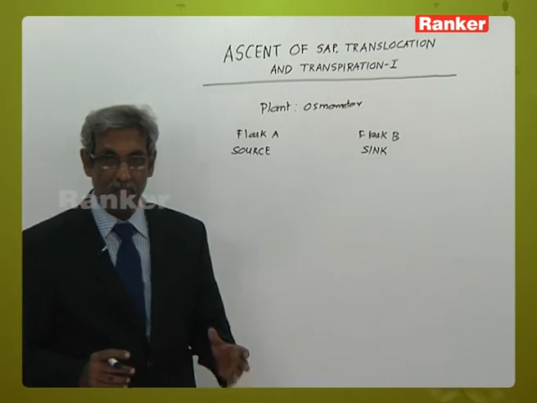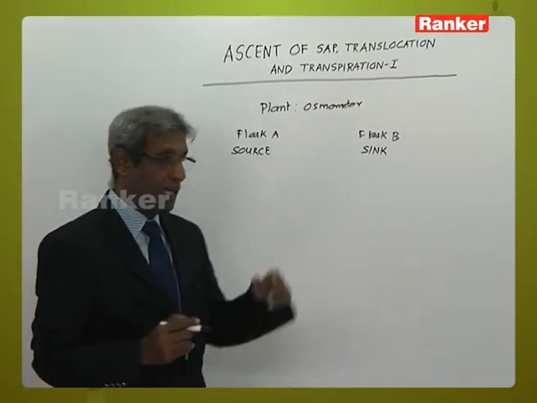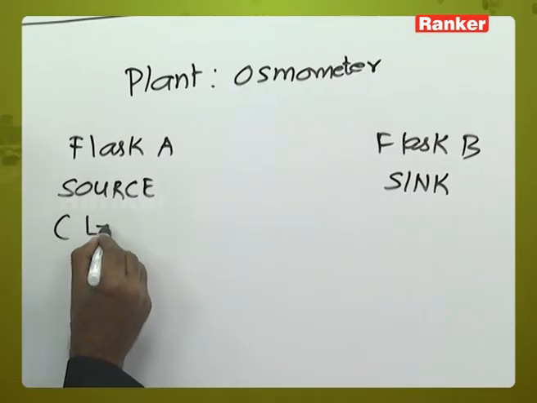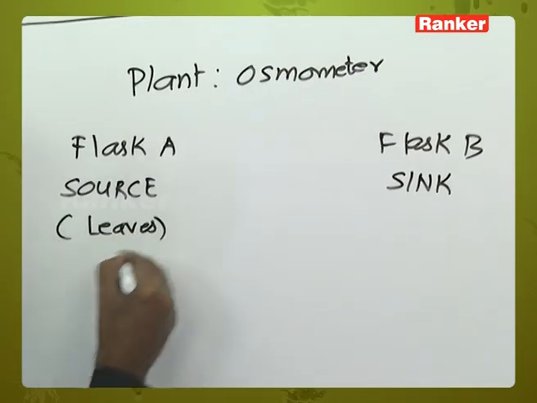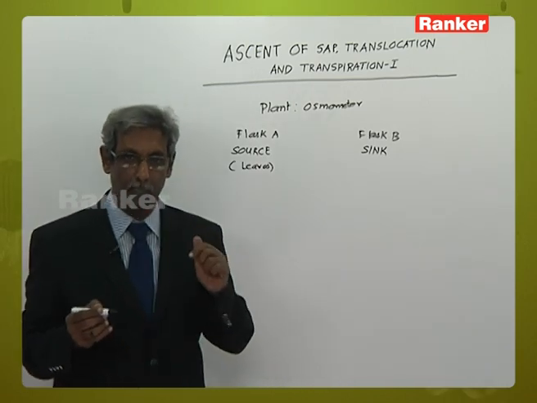Now what happens in flask A? Flask A, the source, is just like the leaves which manufacture the photosynthates. It is similar to the dialysis tube.